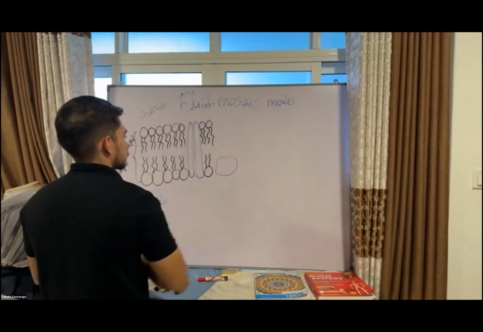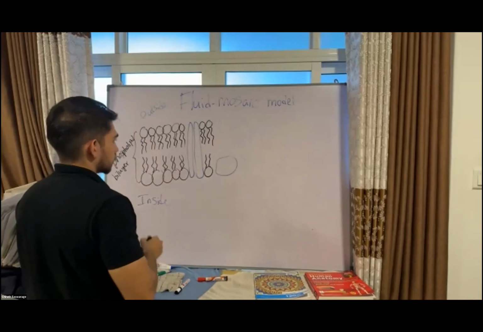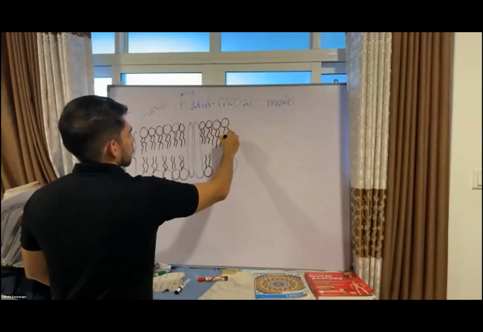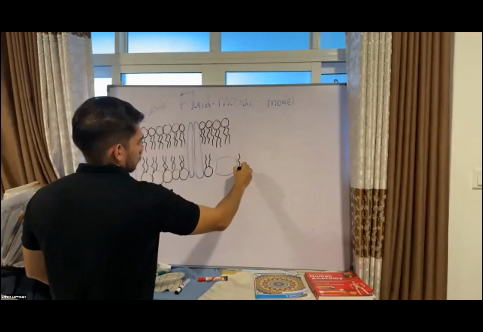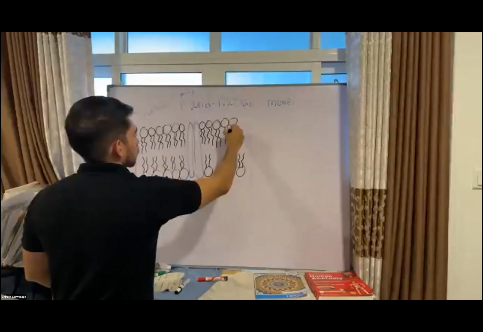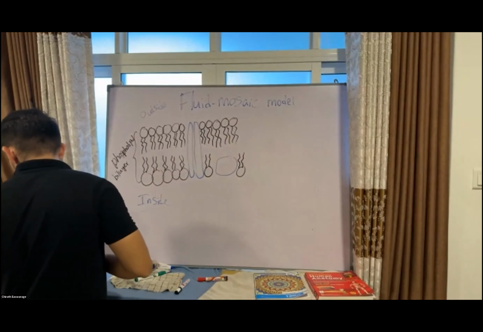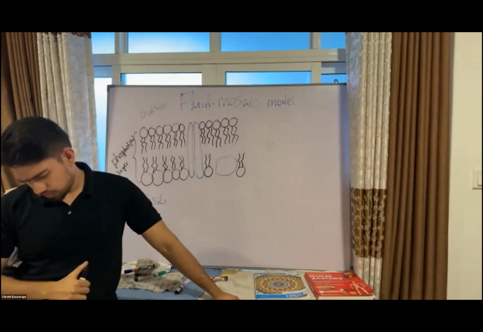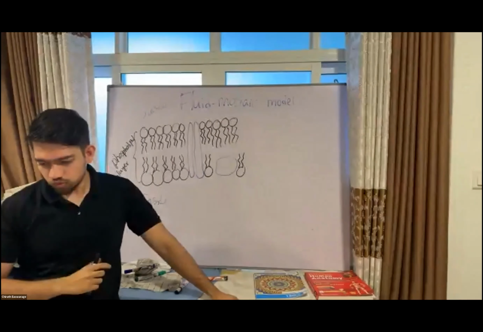It's short like this, right? But they are anyway embedded in this bilayer. They are not tall, but they are embedded. What else? Protein molecules embedded randomly contribute to its mosaic nature.